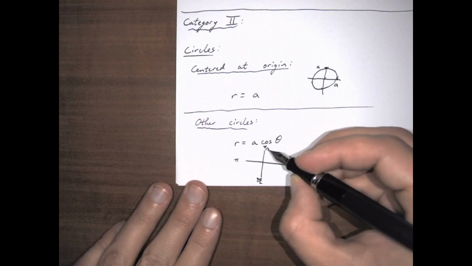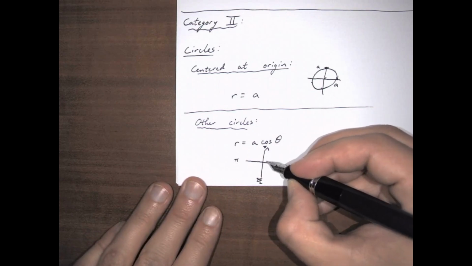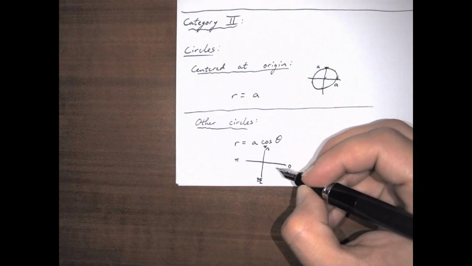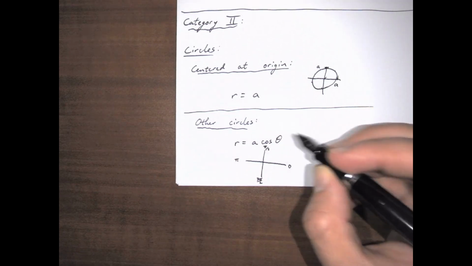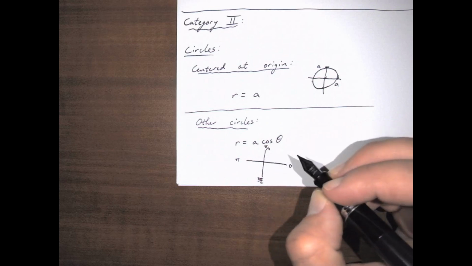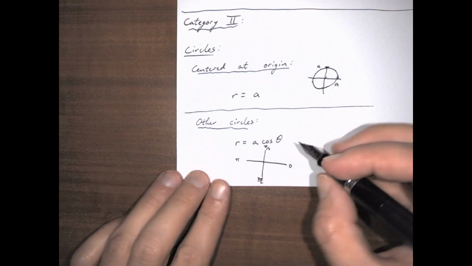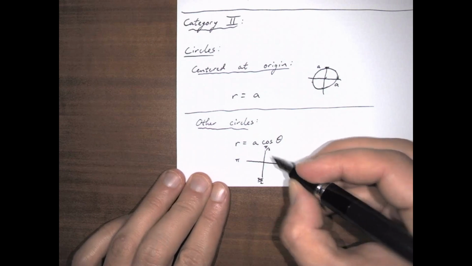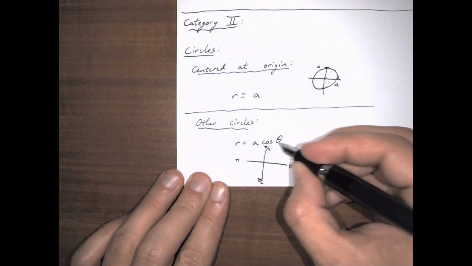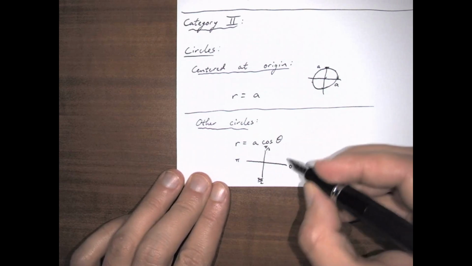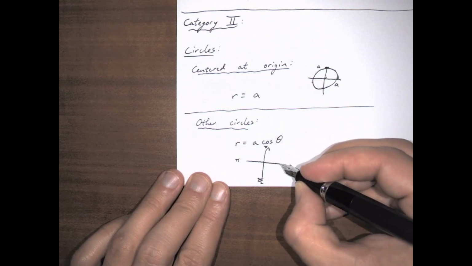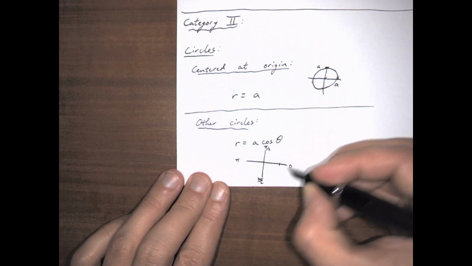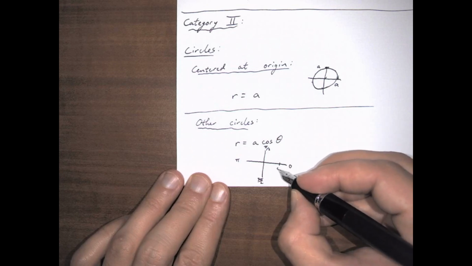So this is going to be a circle that's defined by taking whatever the cosine is at each of these angles and being that far away from the origin when we're there. For the very first point, when we plug in 0 into cosine, that produces a 1. And so then this is going to be way out at a.